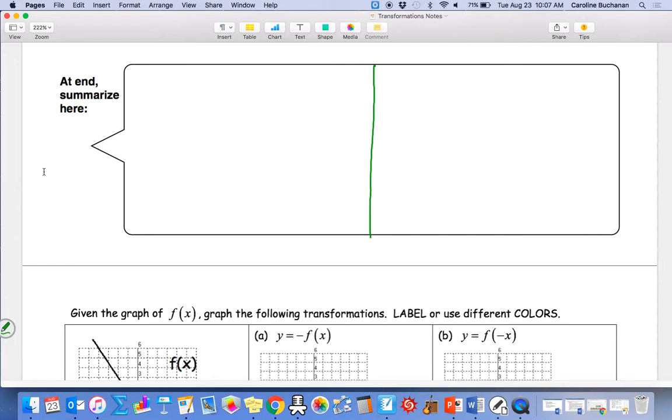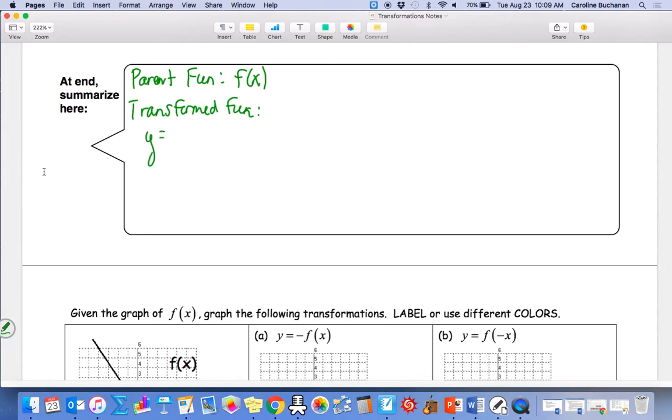So let's say we have a parent function f of x. And we're comparing this to a transformed function y equals a times f of bx plus c, plus d.